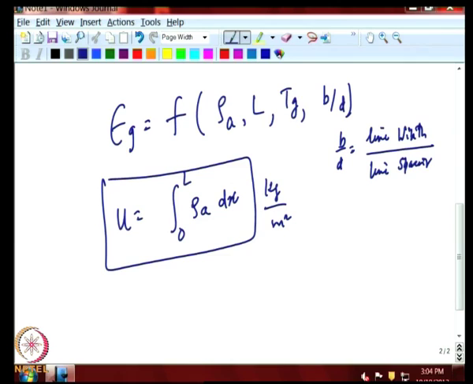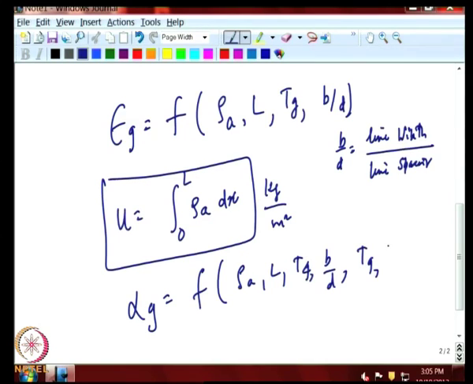And in the same token here, the absorptivity of a gas is a function of the absorbing gas, of course, length scale, line structure parameter B by D, and the gas temperature as well as the source temperature. So, absorptivity, as expected, is a bit more complicated than emissivity.